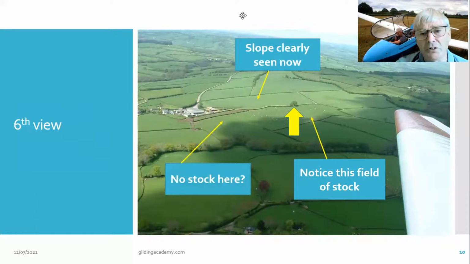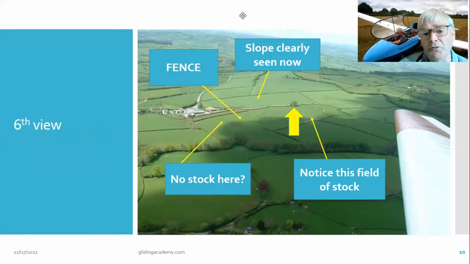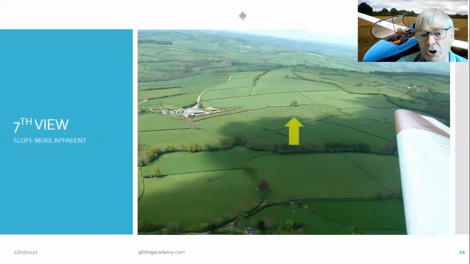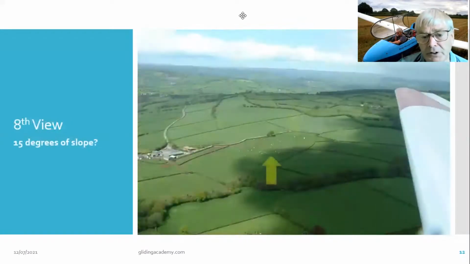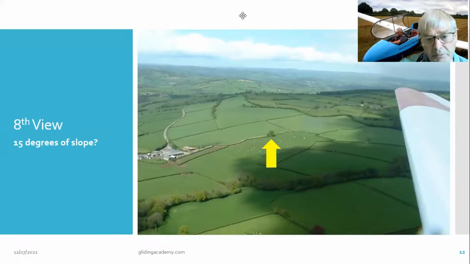And the extension of that, I happen to know, is a fence. Not easy to see until you spend a little bit of time observing your field and checking it out for this kind of hazard. However, moving on back to our field, we can see now as we move round to the 8th picture, this slope is now quite significant.